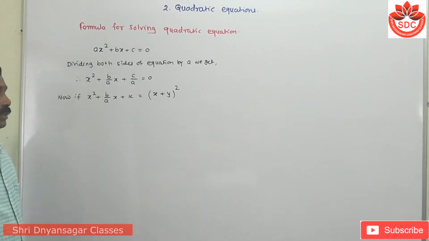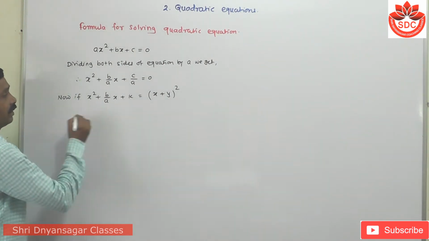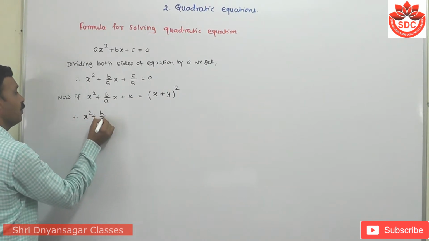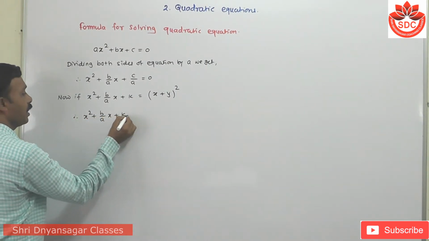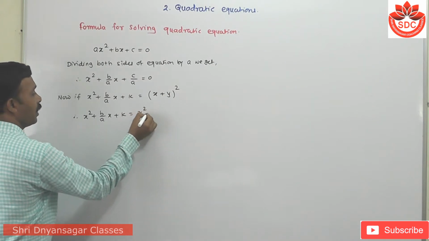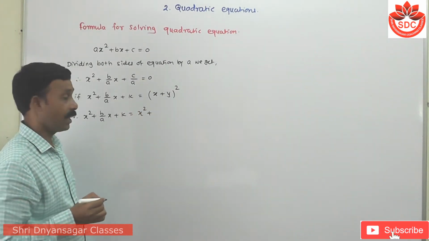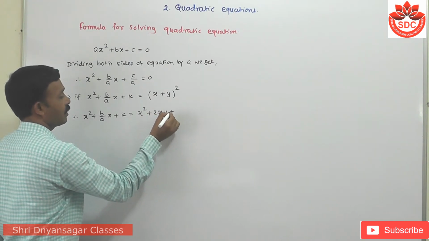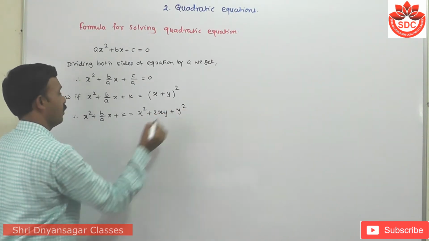Squaring this, by using the identity (a plus b) bracket square, we get x square plus twice xy plus y square.